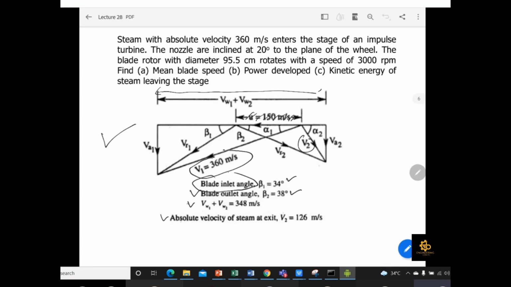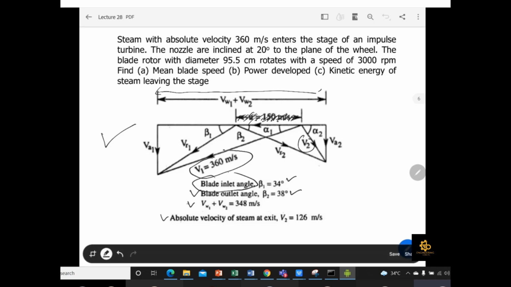So for example, if U is not mentioned in this diagram, then how can you find the U?